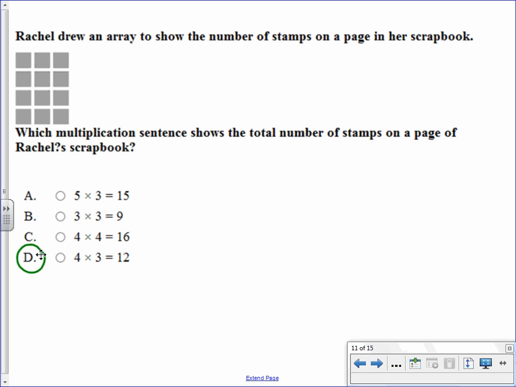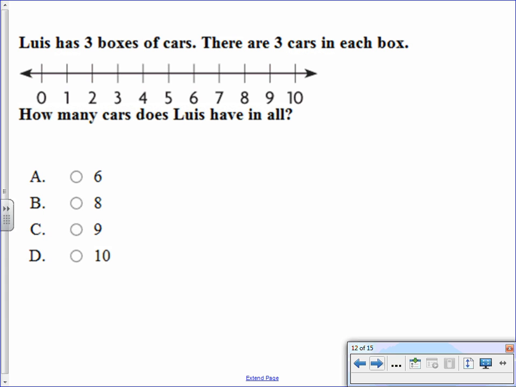Great job. Next one. Luis has 3 boxes of cars. There are 3 cars in each box. How many cars does Luis have in all? Why did they give us a number line here? What do they want us to do with the number line, Richie? Skip count. Skip count by what? By 3s.